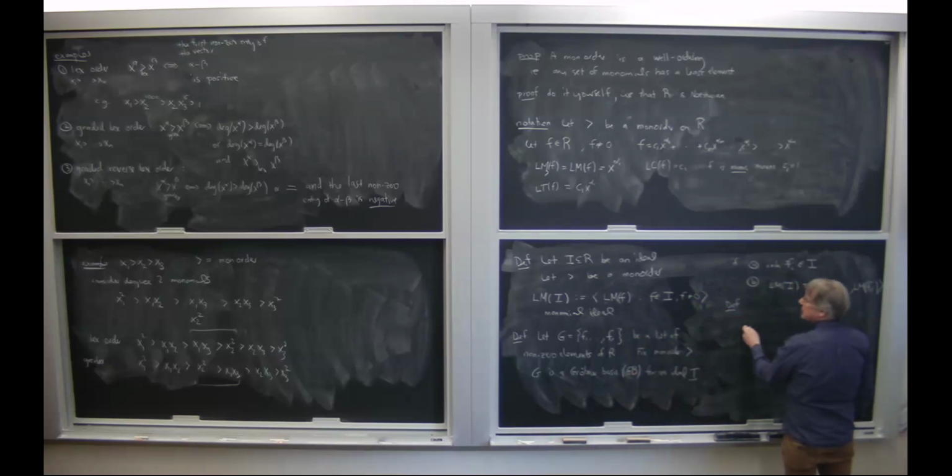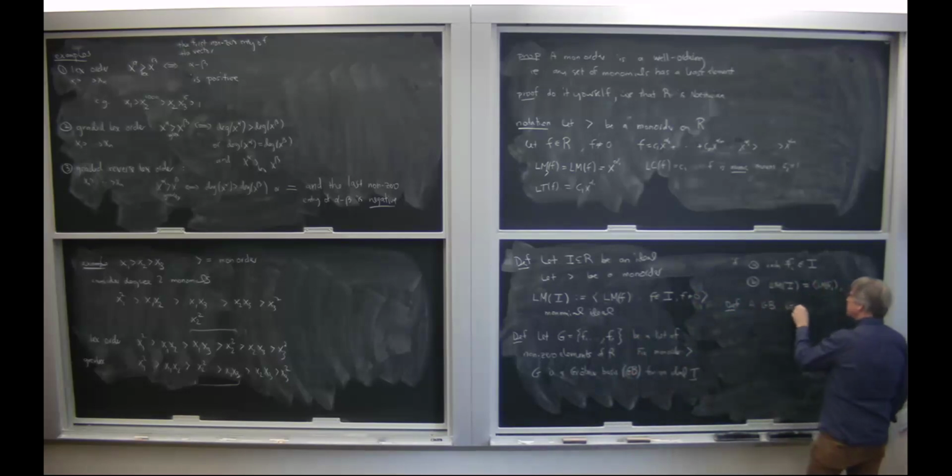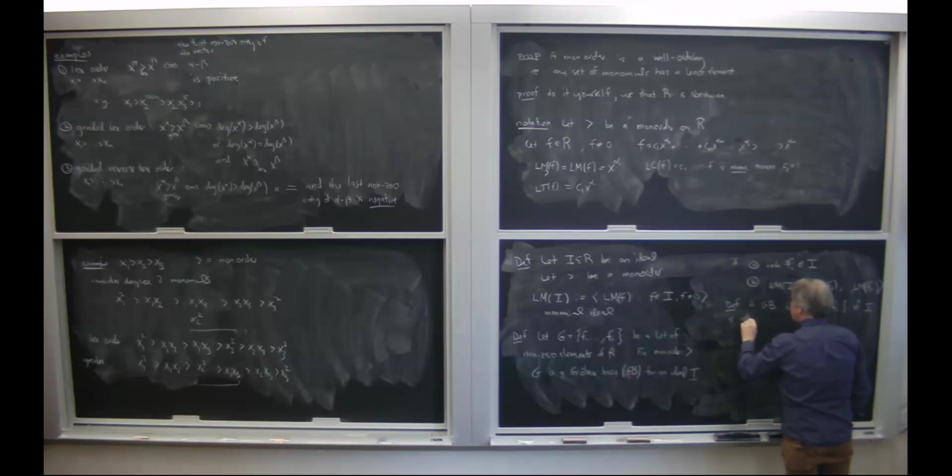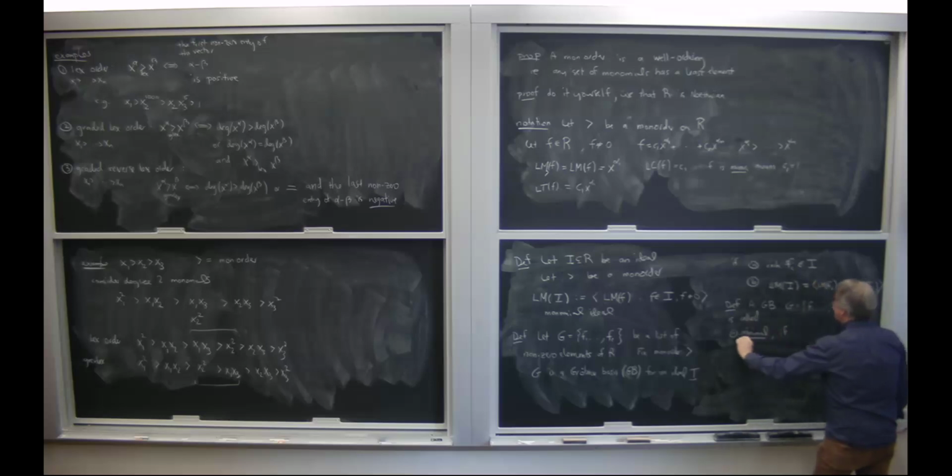But here's another definition. This is a Gröbner basis G, which is the set F1 to Fr, say, of I, is called, there are three things here. A is called minimal if these minimally generate this.